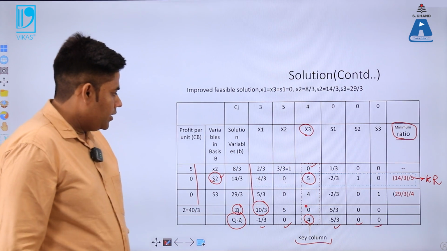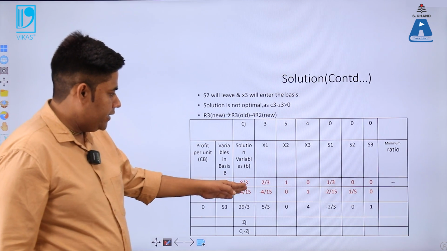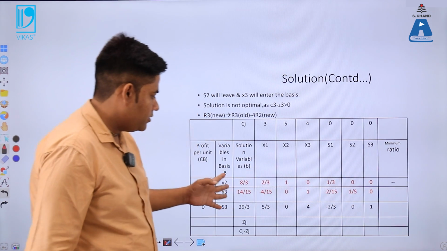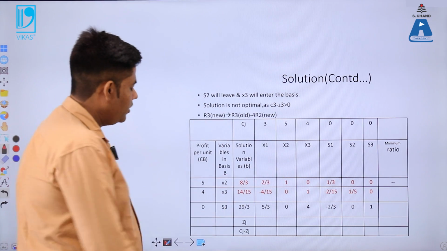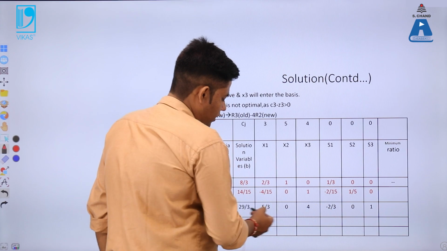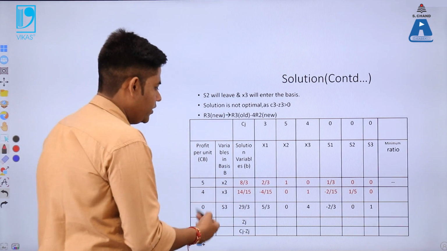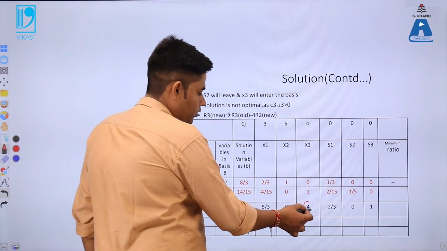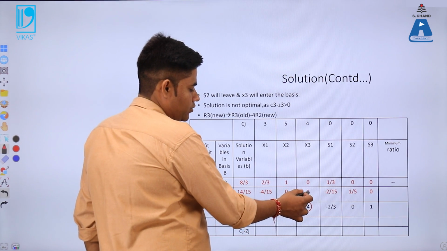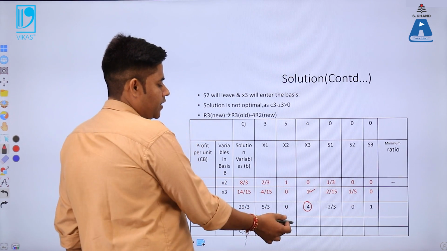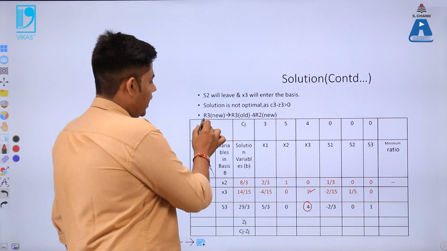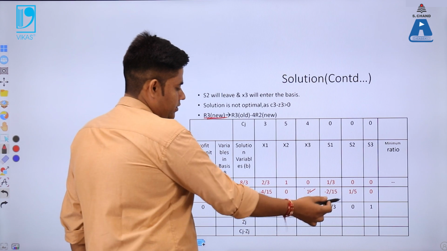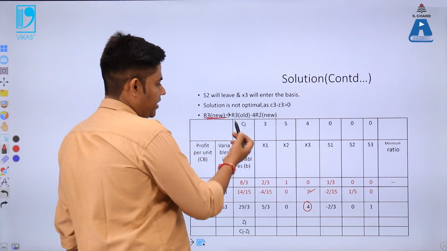These red marks indicate that I have changed, or I have written the elements of the new table. Now for this next set of elements I need to apply a row operation. What is that row operation? This is 4, and I need to make this 4 as 0, and I need to use this 1. So 4 minus 4 times 1 would be my row operation. That means R3 new, I want this new row to be made.